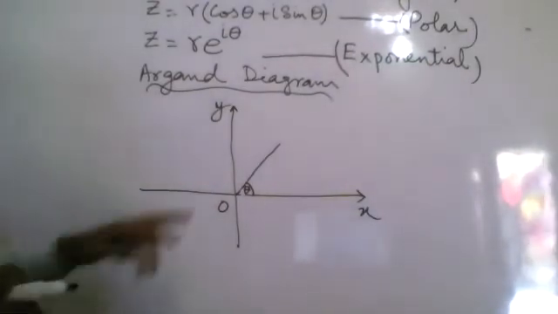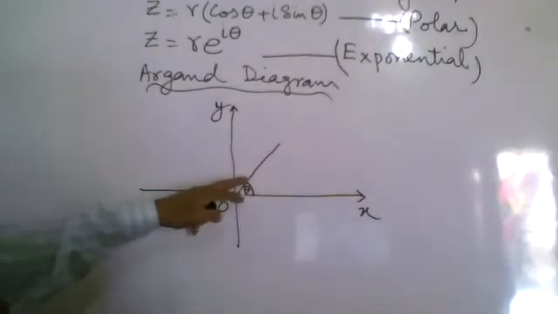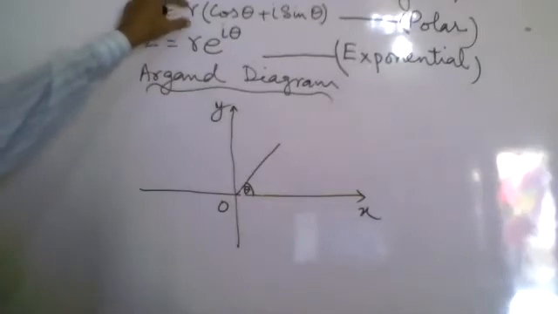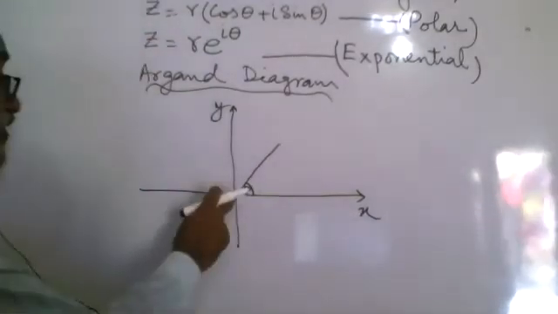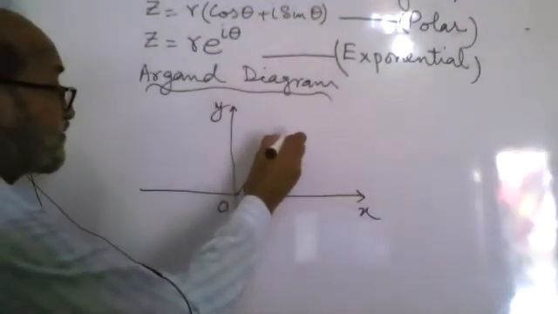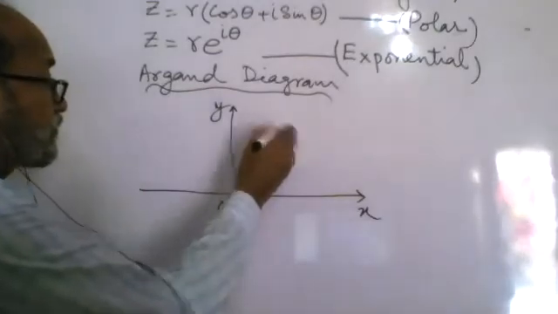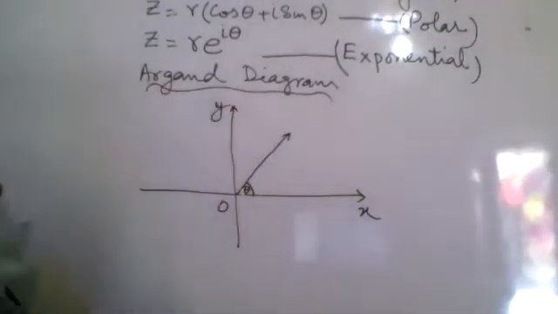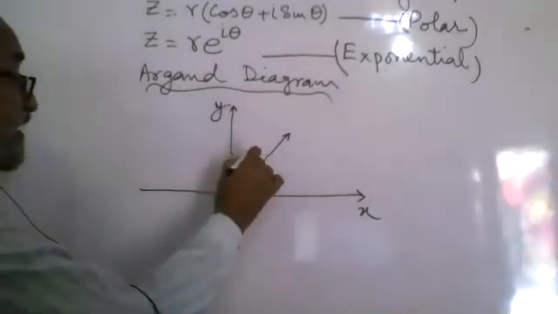Okay. First of all, we'll mark the angle. Draw the line equal to r. Whatever be the value of r, we will write r. Measure it up to r. It may be up to here. This is the angle, and this is r.